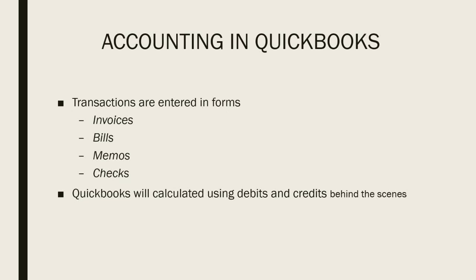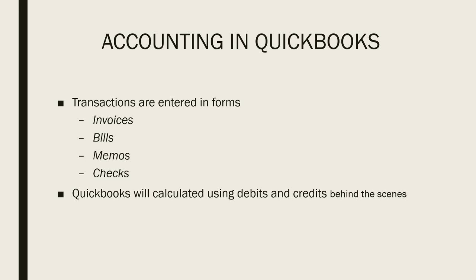All right. So then, last but not least, we're going to be talking about the accounting in QuickBooks. So when we talk about the double entry system, right, where our debits must match our credits, the double entry system refers to how many accounts or how many places you place this information in.